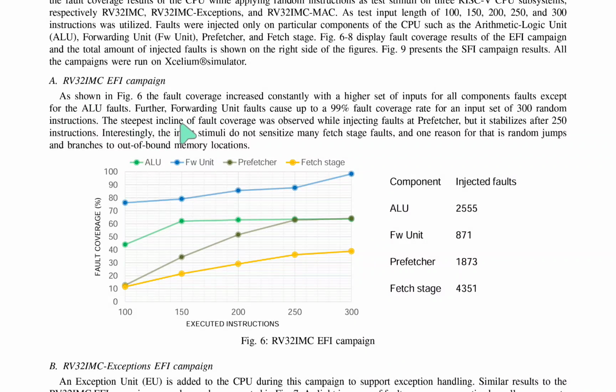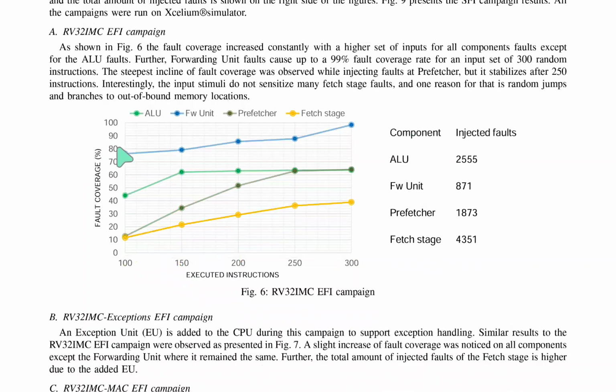The steepest incline of fault coverage was observed while injecting faults in the prefetcher, but it stabilized after 250 instructions. Interestingly, the input stimuli do not sensitize many fetch stage faults, and one reason for that is the random jumps and branches to out-of-memory locations. Figure 6, RV32IMC EFI campaign.